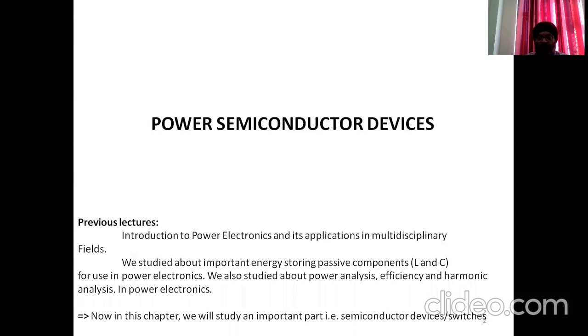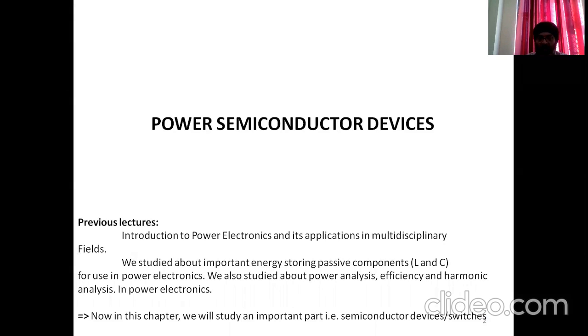In part 2, we have also studied some basic and important energy storage elements, which are inductor and capacitance, for configuration of important topologies for power converters. So we'll be talking about these topologies when we come to the chapter on power converters.